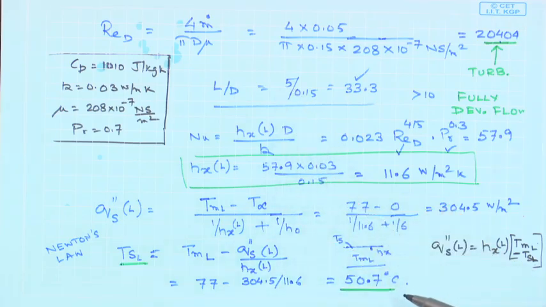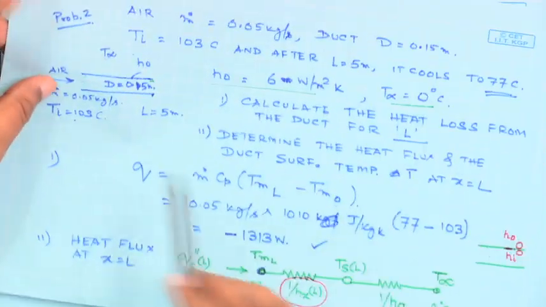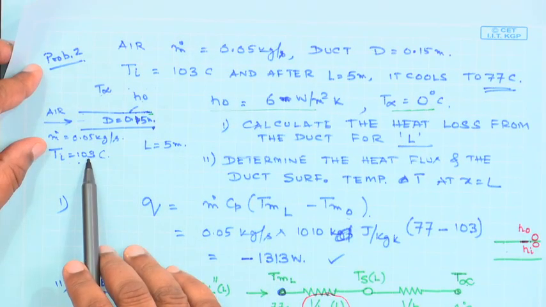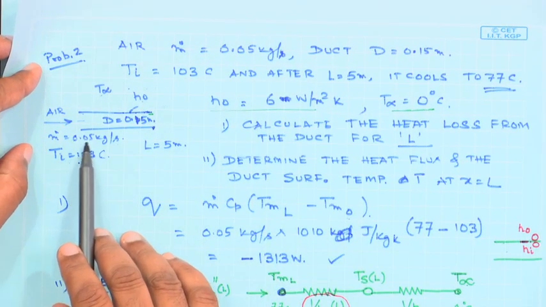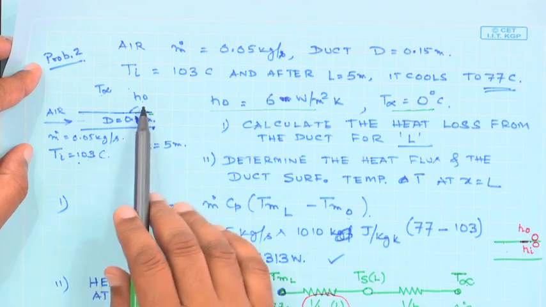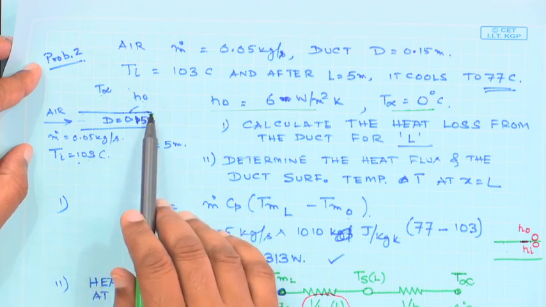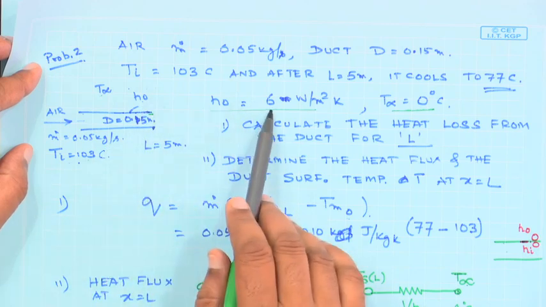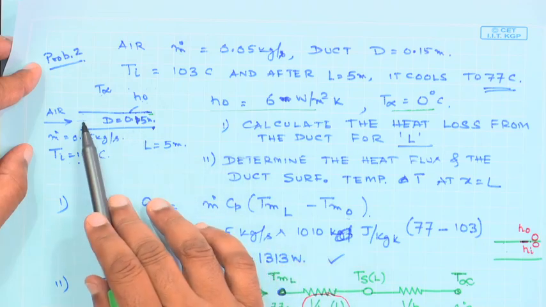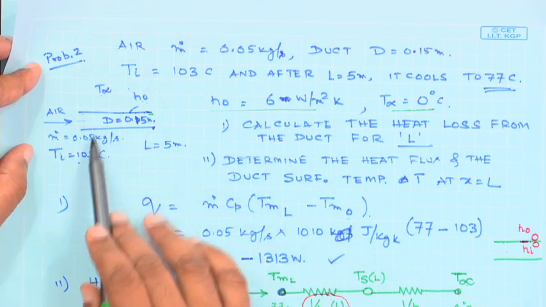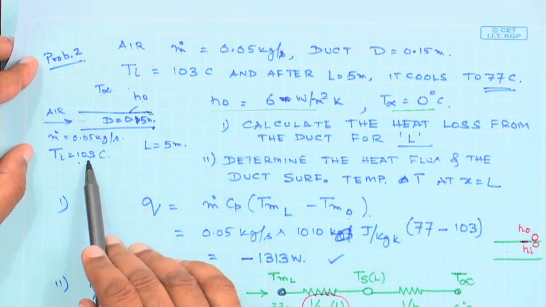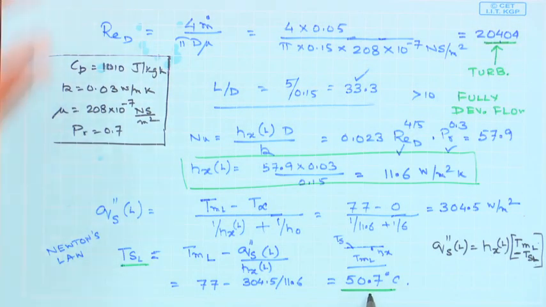The air enters at 103 degrees centigrade with a flow rate of 0.05 kg per second. The outside heat transfer coefficient is given as 6 watt per meter square per Kelvin, and when it travels 5 meters, the air cools down from 103 degrees centigrade to about 50 degrees centigrade.